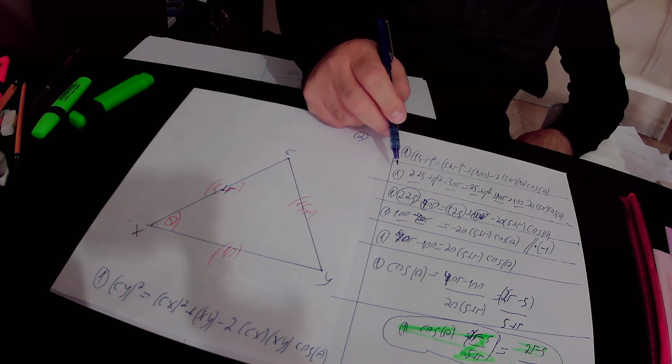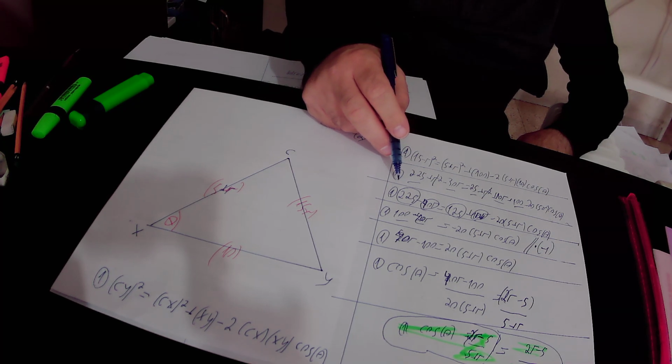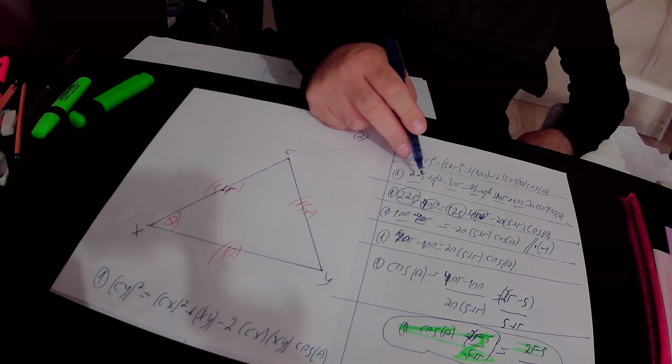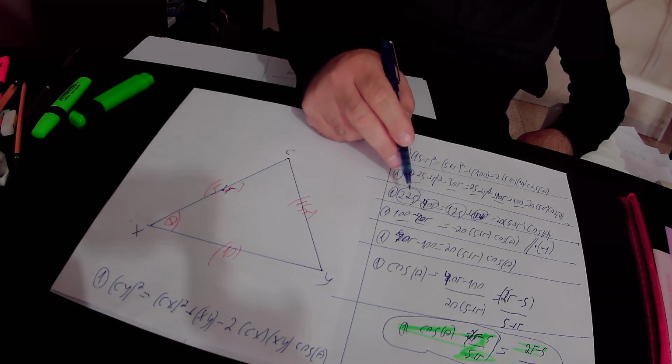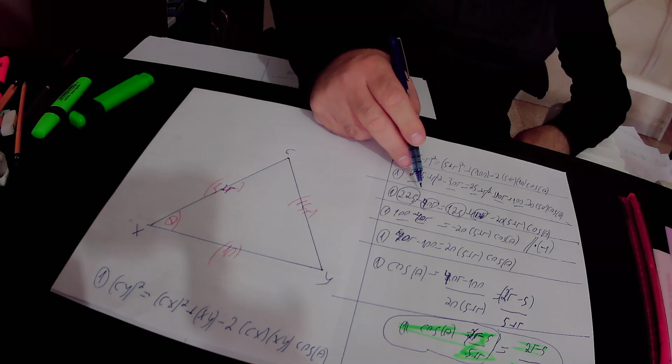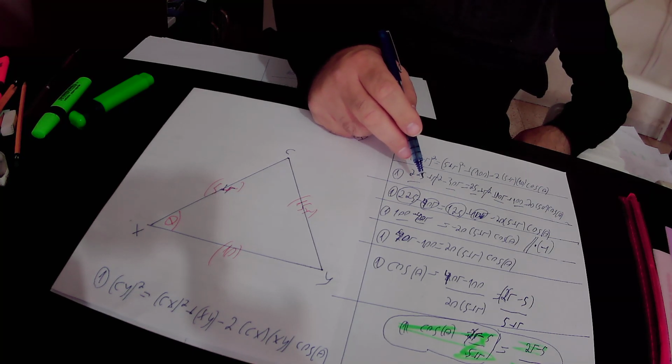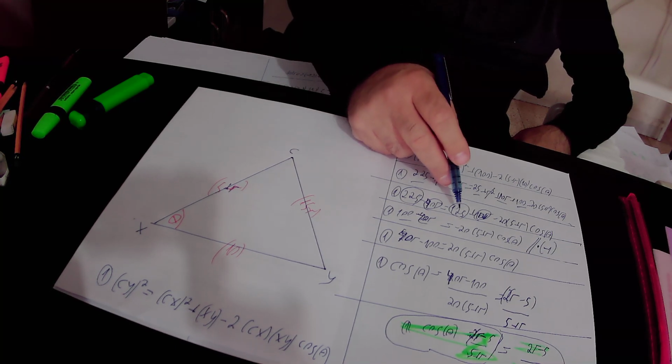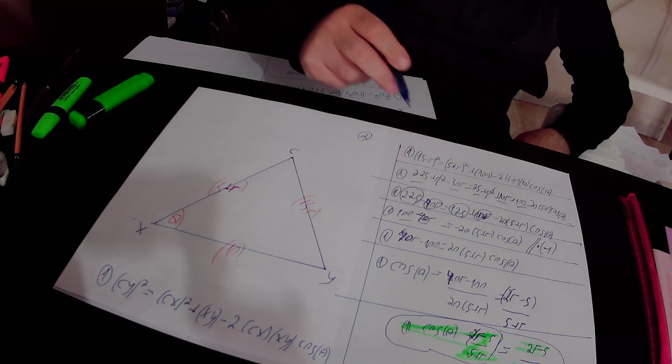Then we subtracted 125 from this equation, and we got that 225 minus 125 is 100, minus 40r, and it is equal to minus 20 times (5 plus r) times cosine theta.